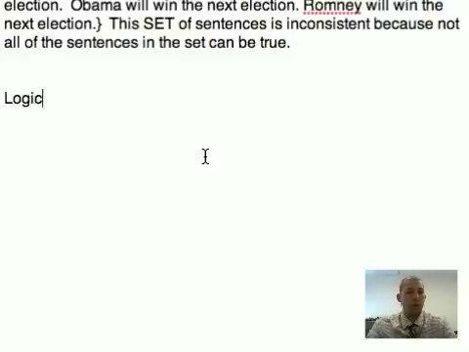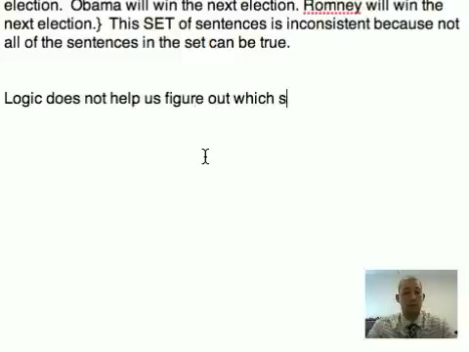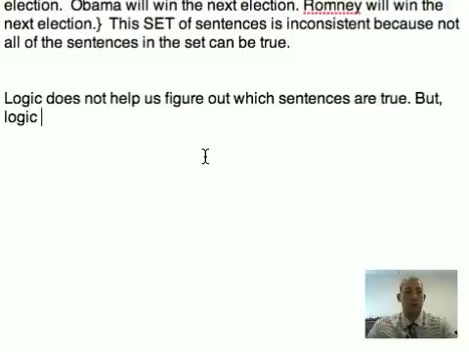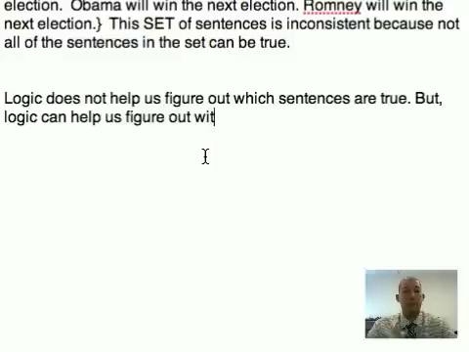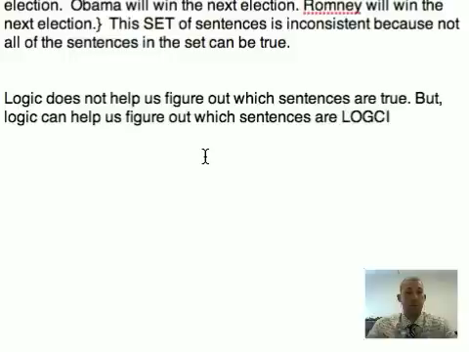Logic does not help us figure out which sentences are true, but logic can help us figure out which sentences are, and I'm going to put this in caps, logically true.